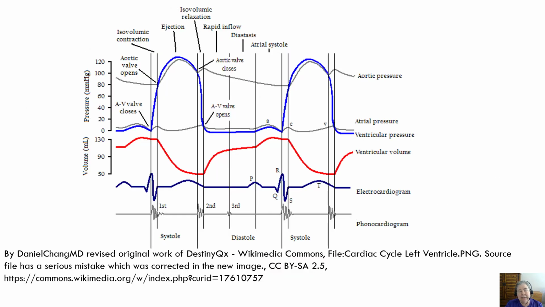This is the Wikipedia Wiggers diagram. It is showing an additional line. It's showing some things that you're not seeing on the previous one, and that is ventricular volume.